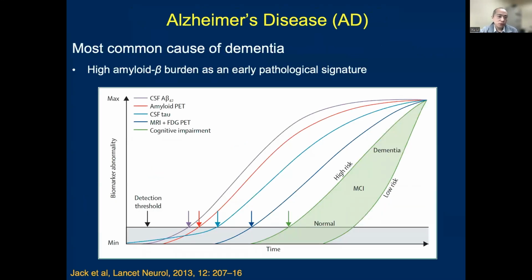Another example is Alzheimer's disease, which is known as the most common cause of dementia. It's known that for Alzheimer's disease, high amyloid beta deposition is the pathological signature of the disease, which is usually detected in CSF by lumbar puncture or using PET imaging early in the disease.